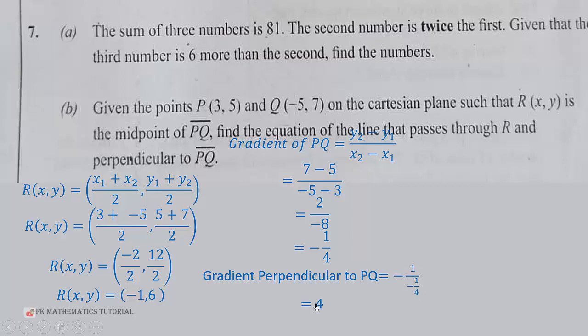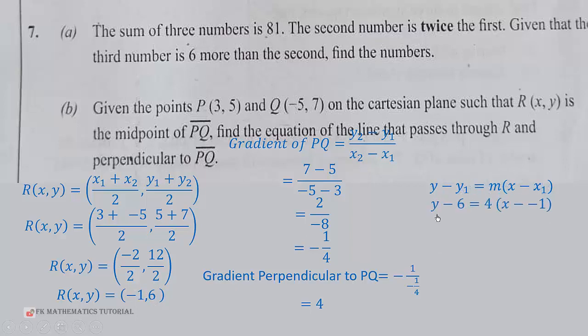You reciprocate negative 1 over 4 and multiply it by negative 1. You get positive 4. So we are going to use the formula y minus y1 is equal to m into bracket x minus x1. The y1 in this case is 6 and the x1 in this case is negative 1. So you put negative 1 here and 6 here.